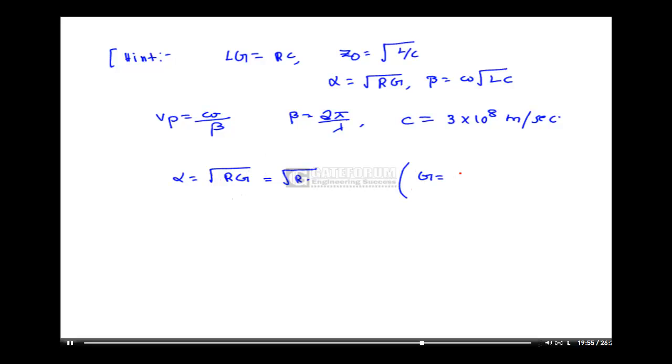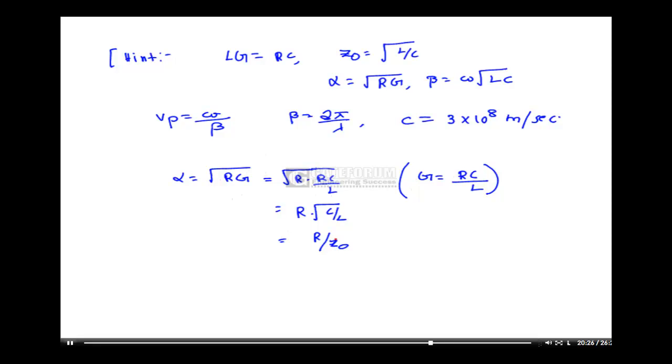G is equal to RC by L, because the condition is LG is equal to RC. So substitute the value here. Square root of R square C by L, that is nothing but R into square root of C by L, that is equal to R by Z naught, because Z naught is equal to square root of L by C.